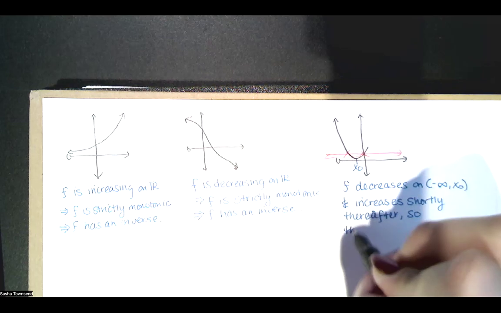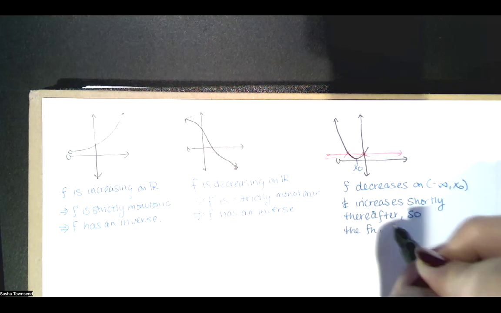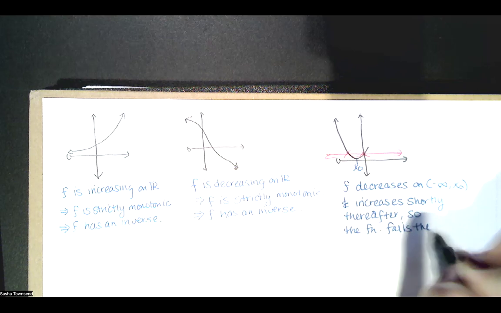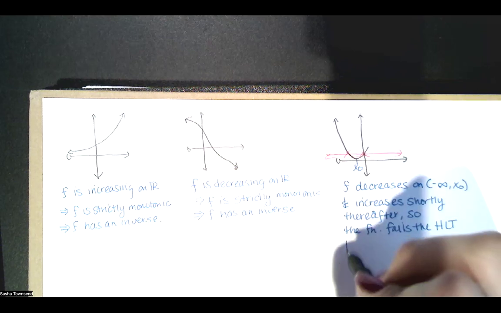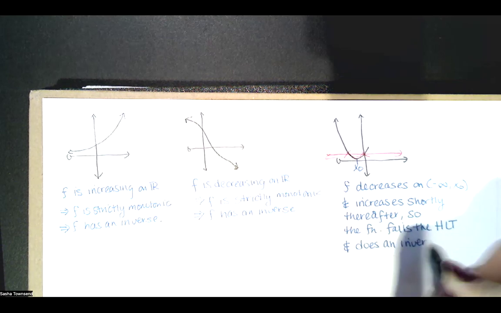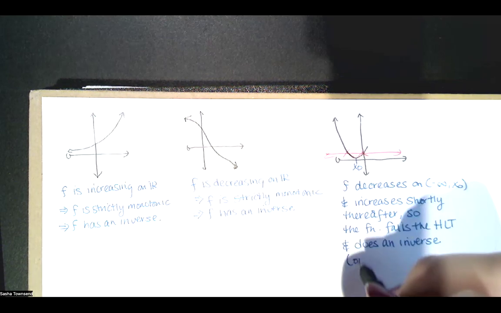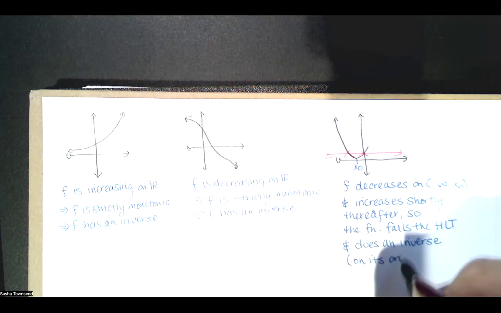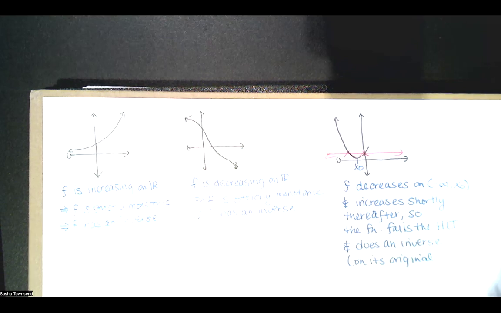So the function fails the horizontal line test and does not have an inverse on its original domain or its implied domain.